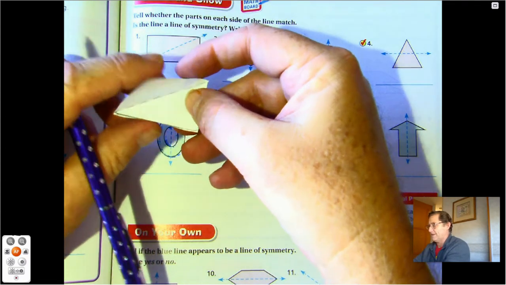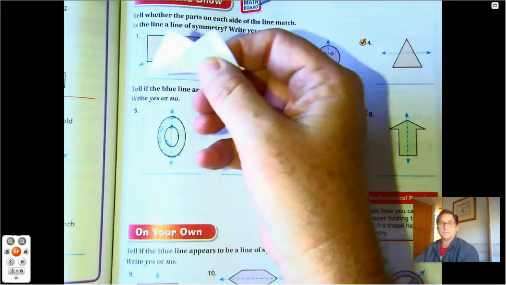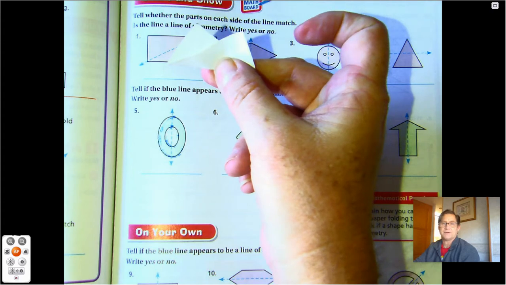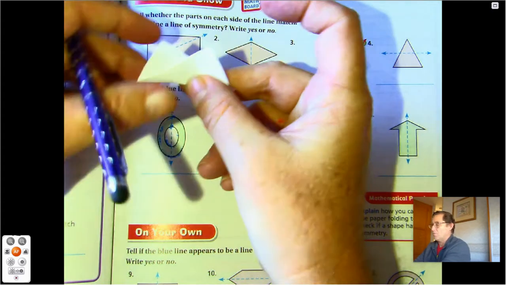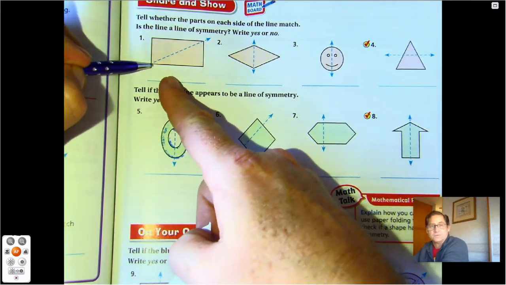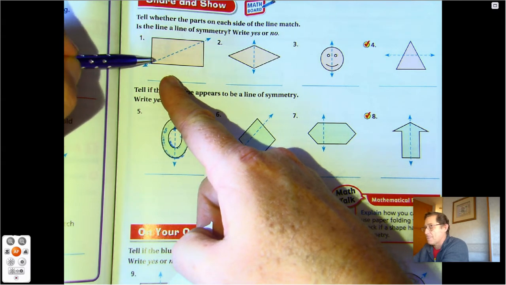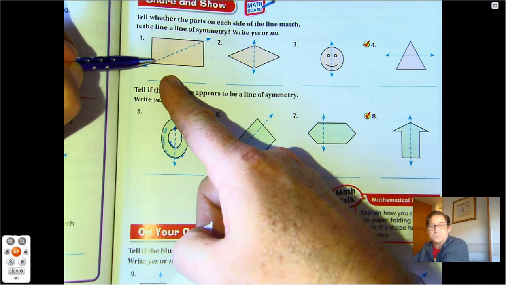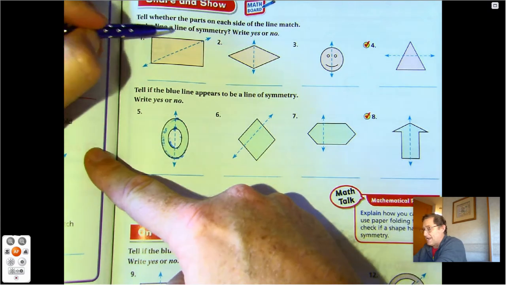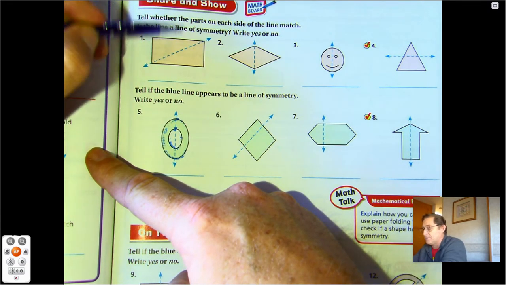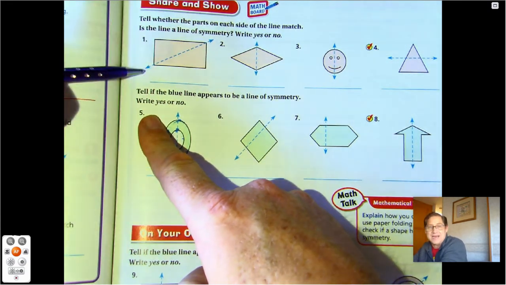And when I folded it, I noticed that the points were not in the same spot. So, this particular shape does not have diagonal line symmetry. It does have vertical line symmetry, but they're talking about this specific line.